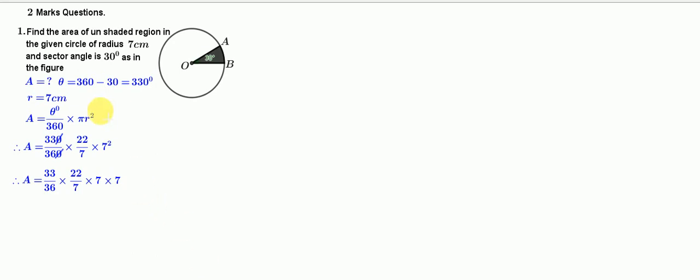Here 7 square is written as 7 into 7. 7 gets cancelled. 3 divides 36 by 12 times and 33 by 11 times, that is 3 12s are 36, 3 11s are 33. Therefore A equals 11 by 12 into 22 into 7. 2 6s are 12, 2 11s are 22.